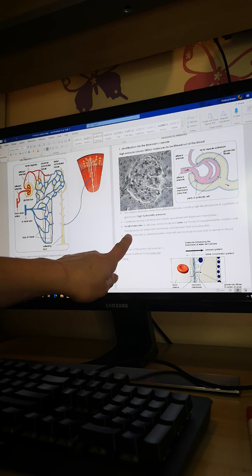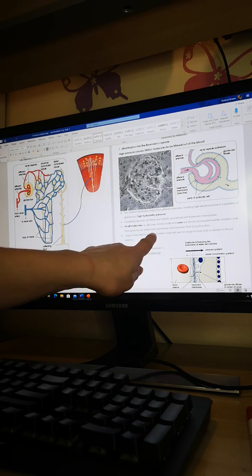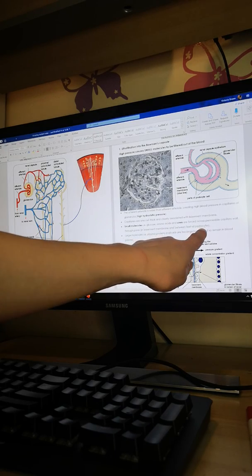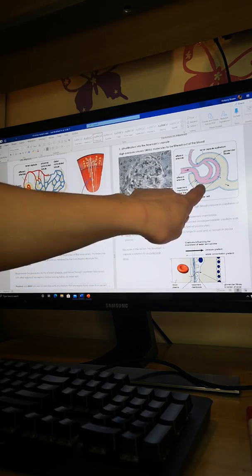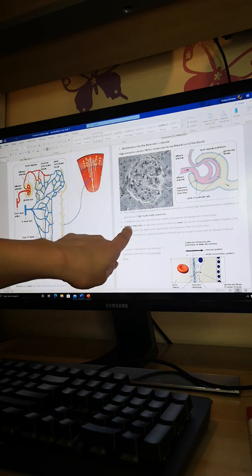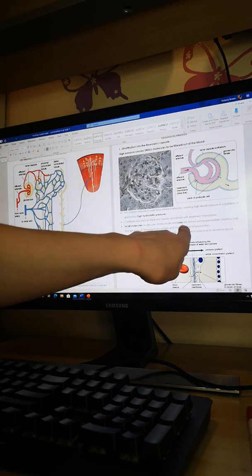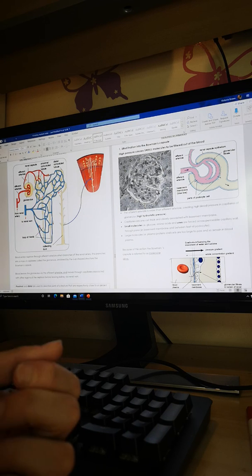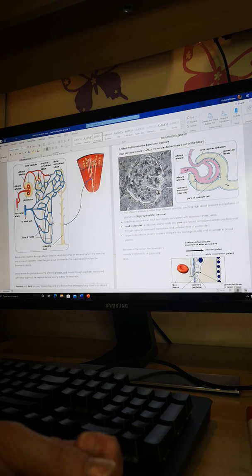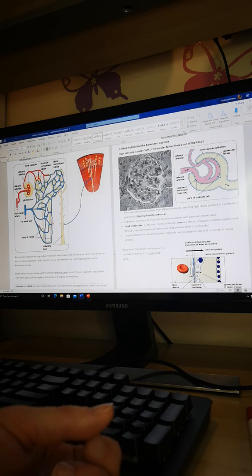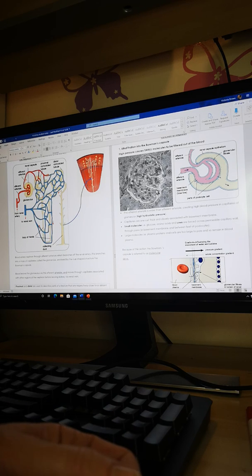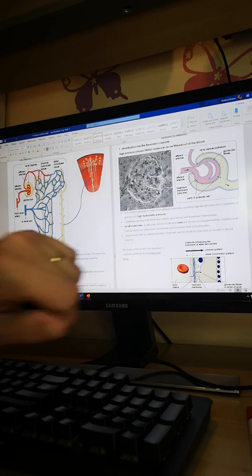And we know that there are pores in the basement membrane and between the feet of the podocytes, in other words, in the wall of the Bowman's capsule. So small molecules, and if you look at the list there, we're talking about glucose, amino acids, and urea, importantly, because we want to get rid of that, all pass out into the filtrate. Large molecules like plasma proteins and red blood cells and white blood cells remain in the blood plasma. So that's why the Bowman's capsule is referred to as a molecular sieve.